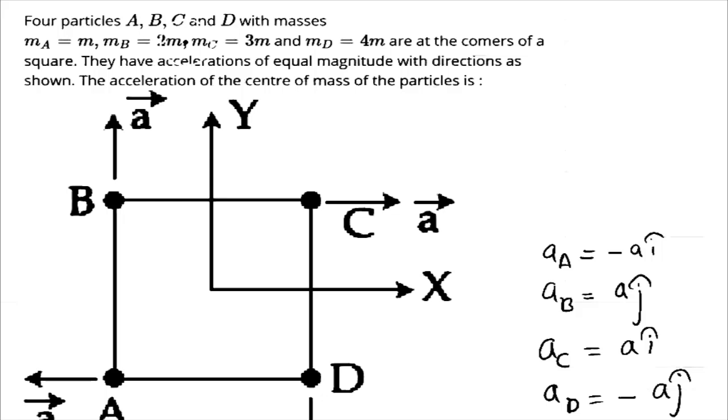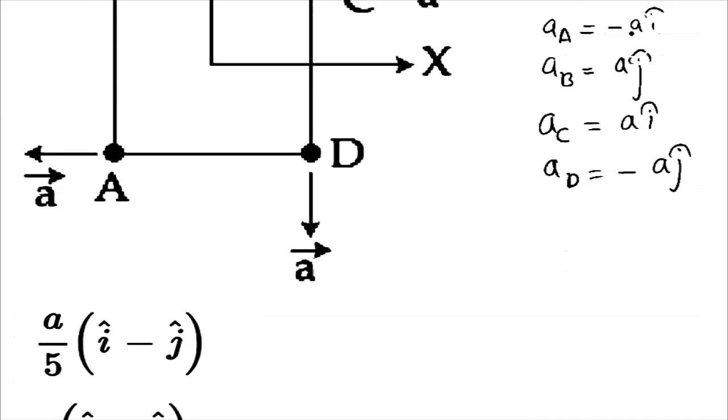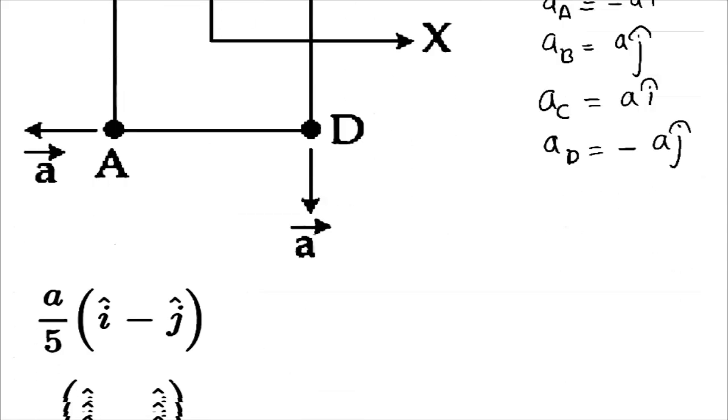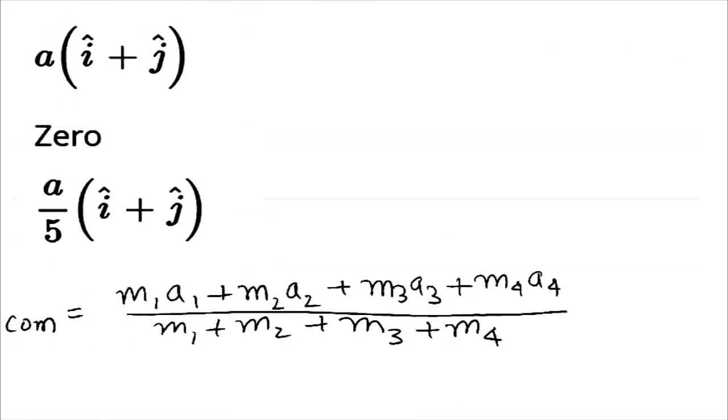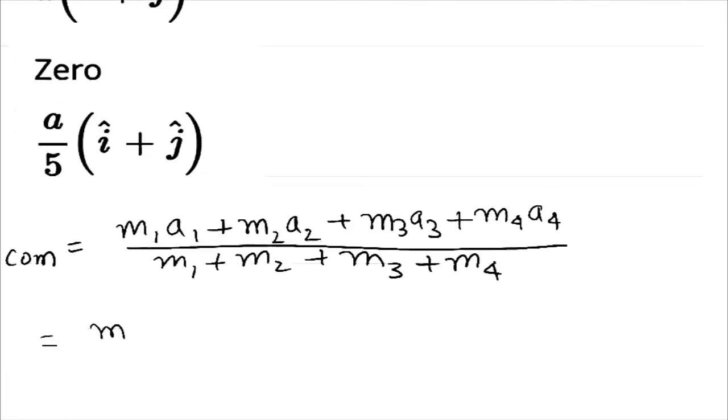And masses are m, 2m, 3m and 4m, right? So you can just put the values here. The mass of first particle A is m, and acceleration you can see minus a i cap.